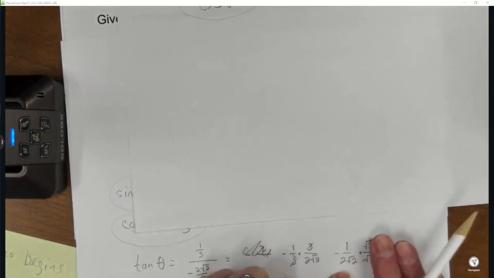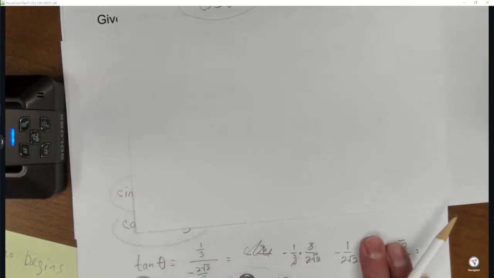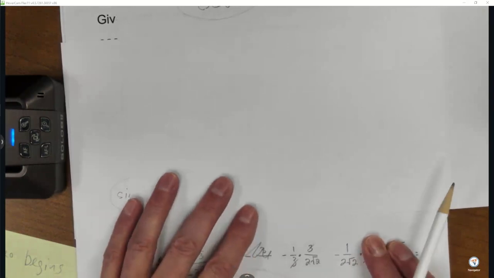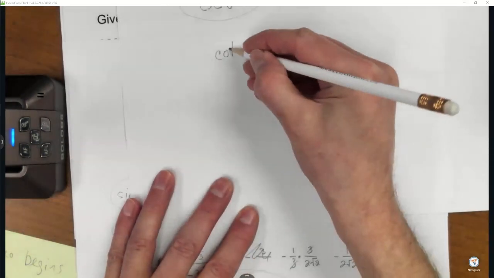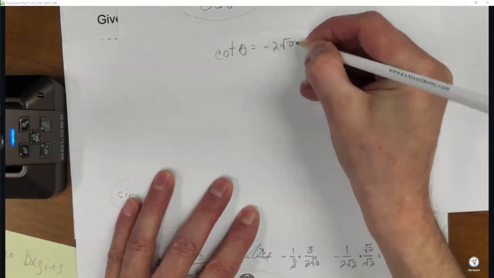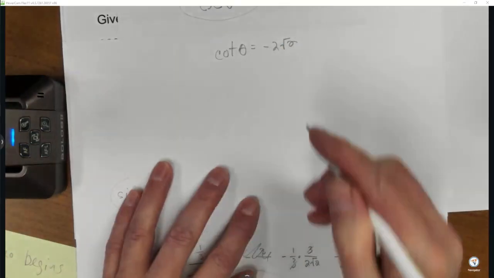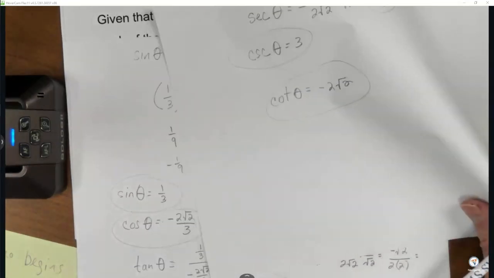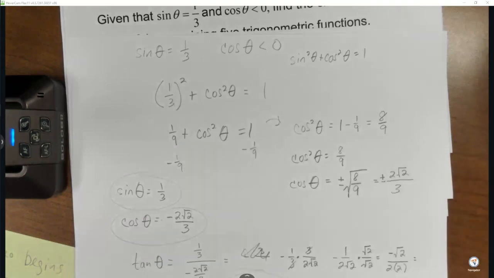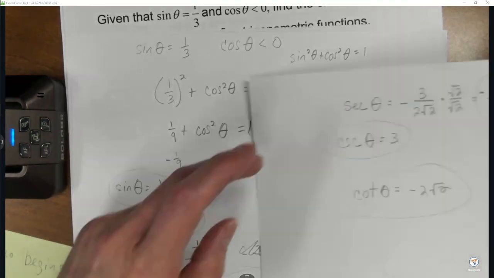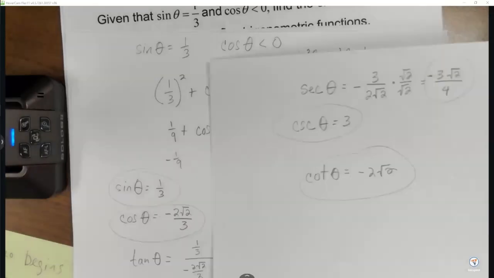So I'll just take the pre-rationalized answer for the tangent, and flip that to make my cotangent. Hope that's okay with y'all. So cotangent theta equals negative 2 times the square root of 2 over 1. So we'll just leave it like that. All right, so we've got all 6 functions built just from that information: sine, cosine, tangent, secant, cosecant, cotangent.